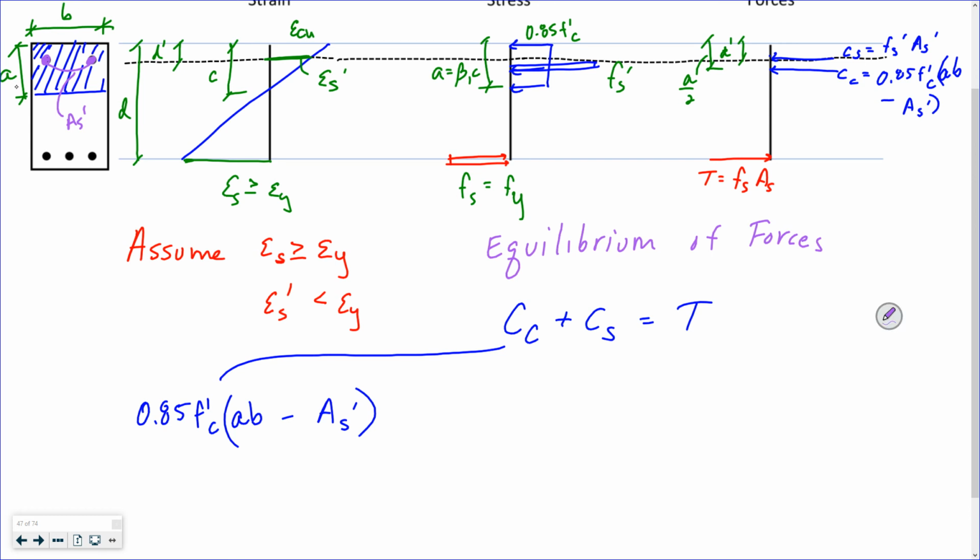So the area of concrete actually in compression is a times b minus A_s prime.